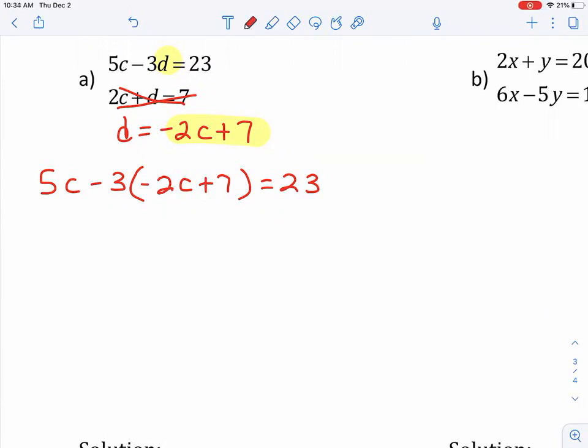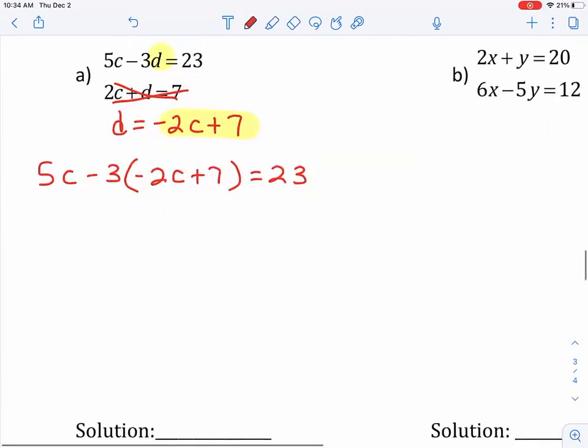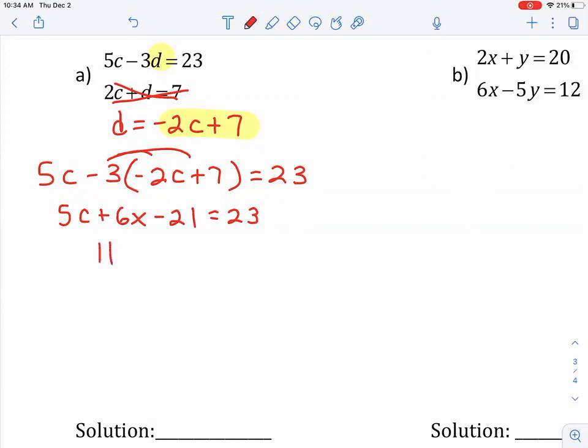Okay, so now I want to just follow my distribution rules and solve that for c. So I'm going to distribute that -3, right, 5c plus 6c, because -3 times -2, and minus 21 is equal to 23. So 5c plus 6c, oh, I said c, but I wrote x here.